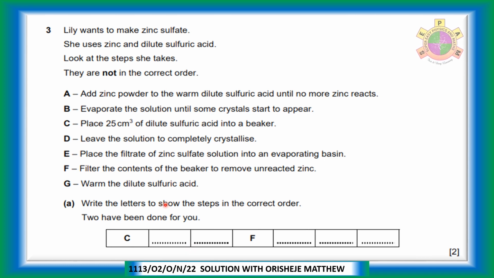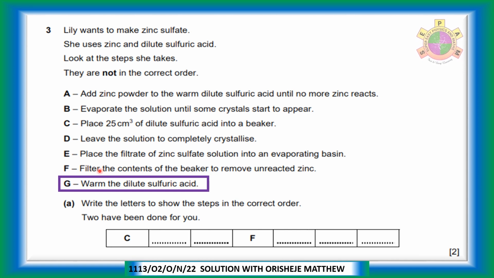So to do that, the first step is C. She placed 25 cm cubed of dilute sulfuric acid into a beaker. So that is the first step. After putting it into the beaker, what do you think she will do next? She warmed the dilute sulfuric acid, because the dilute sulfuric acid will not react with zinc when it is cold.